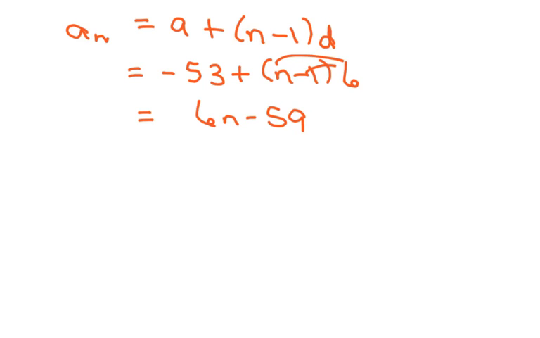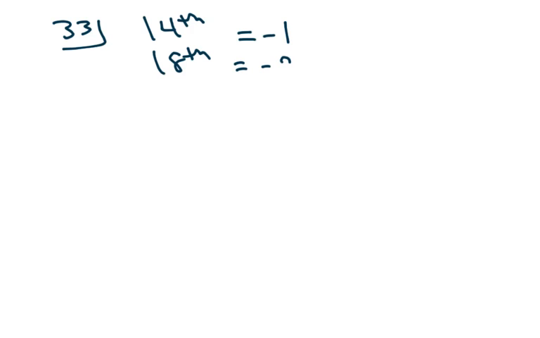Okay, you want to do one more of these? We can do 33. So 33, we have the 14th term equals negative 1, and the 18th term is negative 9.